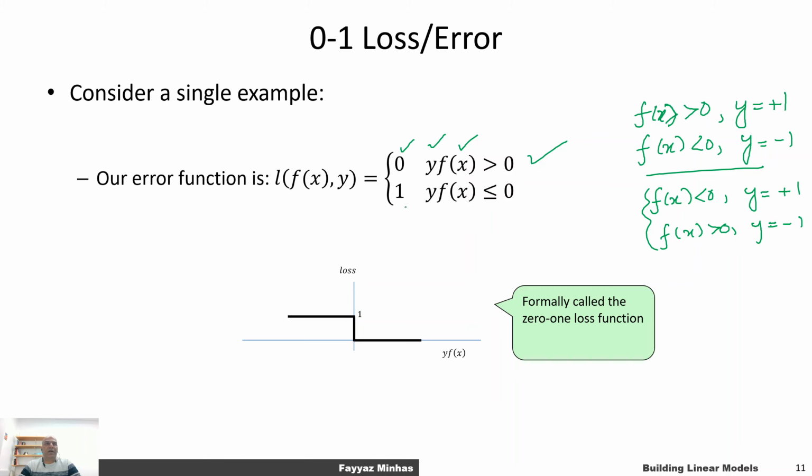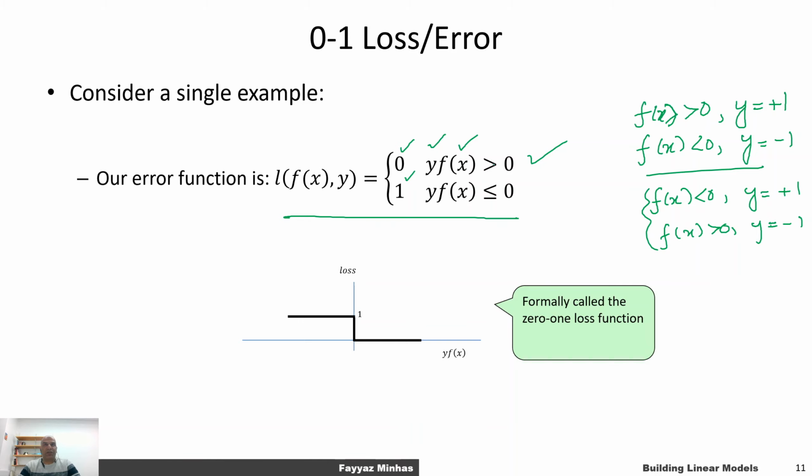So this is our error definition function. We say that we don't have an error when the product of y and f of x is greater than 0. And it produces a 1 at the output for a given example if the product of y and the corresponding discriminant function score is non-positive, or less than 0.